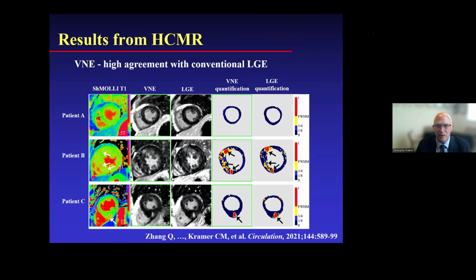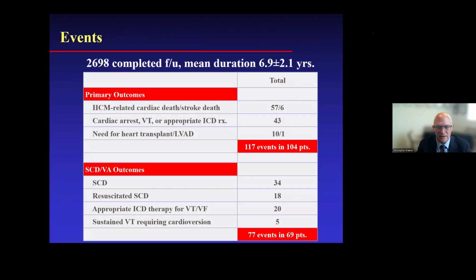So that leads me to the latest data, which was, as I mentioned, just published literally 48 hours ago. Of the 2,750 patients, 98% completed follow-up. So almost 2,700 patients completed follow-up with a mean follow-up duration of nearly 7 years.